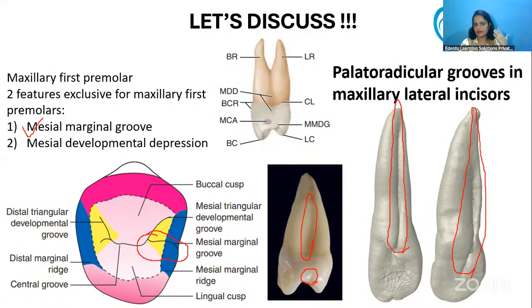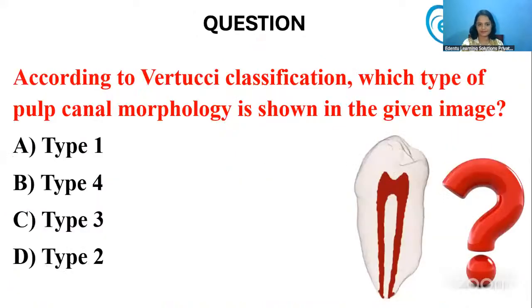They will be present in the palatal region and can extend into the root region. Those grooves are a characteristic feature of maxillary lateral incisors. So these are some of the important anatomical structures that you should definitely study in dental anatomy.